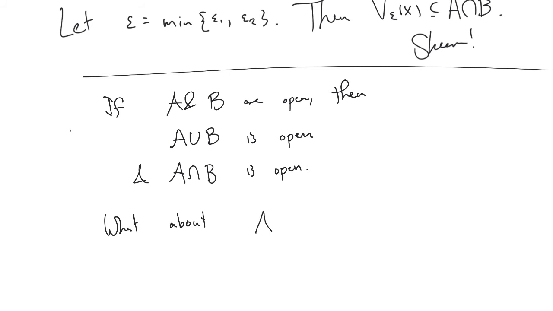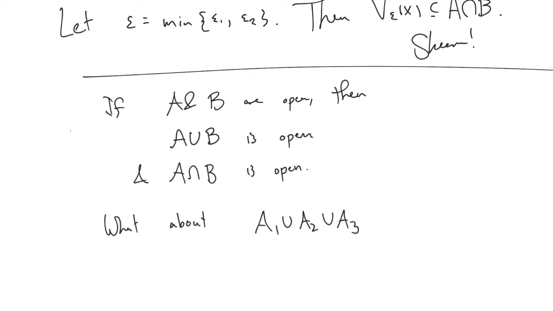Maybe I can just switch to numbers. How about A1 union A2 union A3? If all those three things are open by themselves, is that union going to be open? Yeah? Can you say why, without doing the whole proof again? The theorem says if you do just two at a time, then it'll be open.